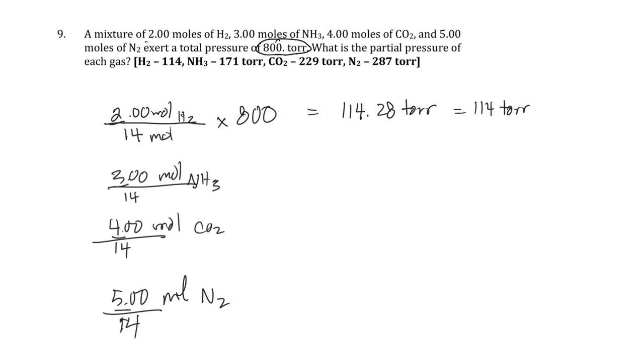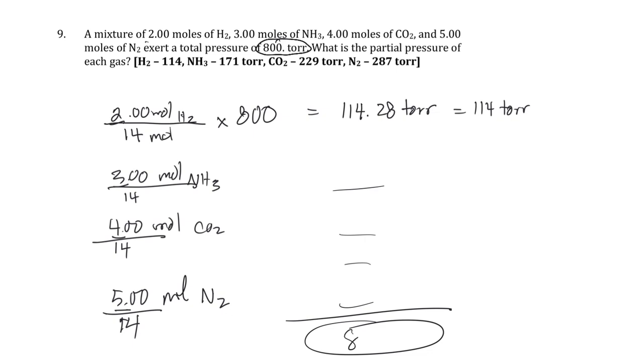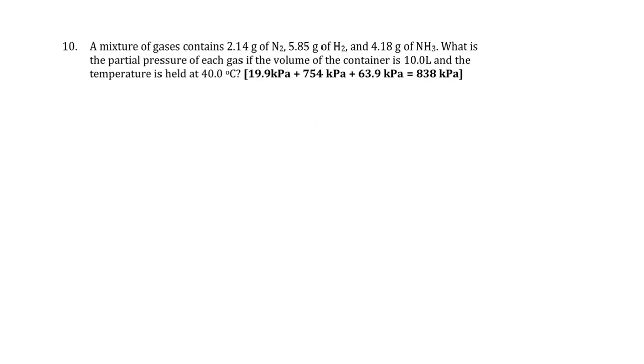And I do the same thing for the rest of the gases. At the end, what you'd want to do is add the 4 numbers that you get, and hopefully come up to that 800 that they said you had originally. Okay, the last question. I've got a mixture of these gases, and what's the partial pressure of each gas?